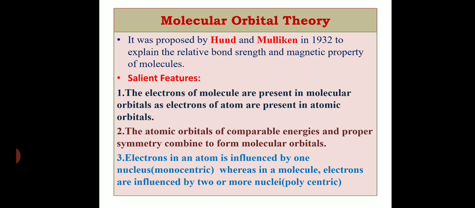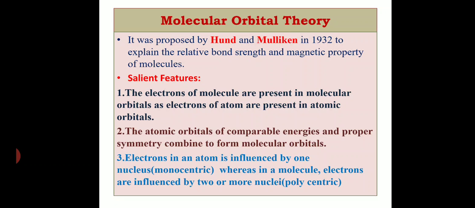Next, the atomic orbitals of comparable energies and proper symmetry combine to form molecular orbitals. For the combination of atomic orbitals, they must have comparable energies and proper orientation or symmetry, right?